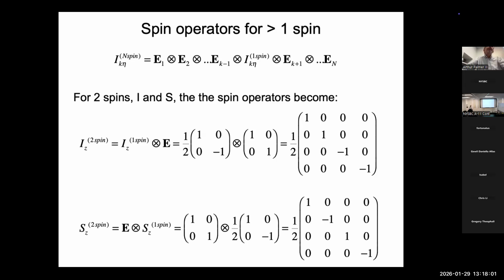Right, and since we've subtracted out, for our purposes right now, the diagonal term, what we mean here are the deviations from equally populated states. So the amount of excess in the alpha state or amount of excess in the beta state.